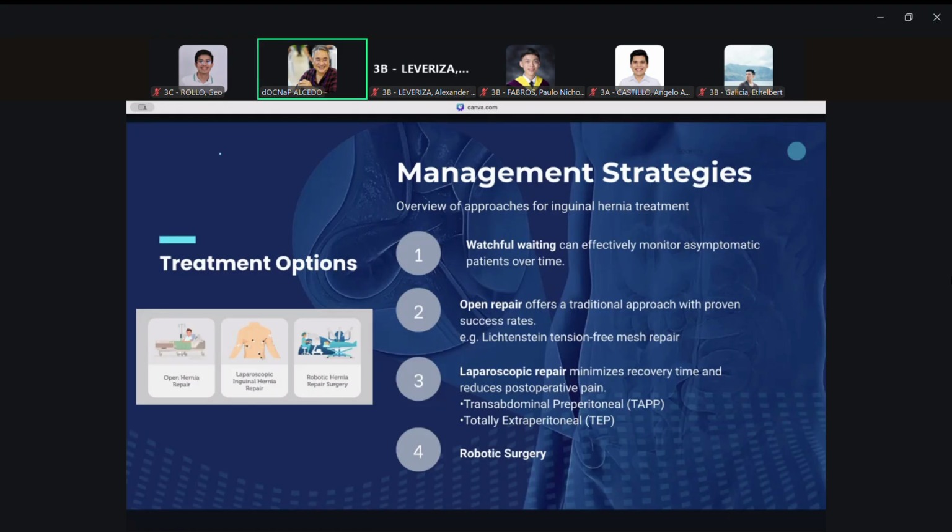And of course, for those centers with available instrumentation, robotic surgery can also be performed. When we do robotic surgery, it is also a minimally invasive laparoscopic approach, but of course, with the aid of a robot. But it significantly increases the cost of such a procedure.